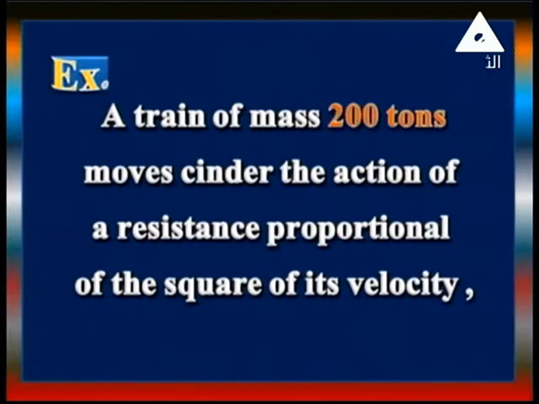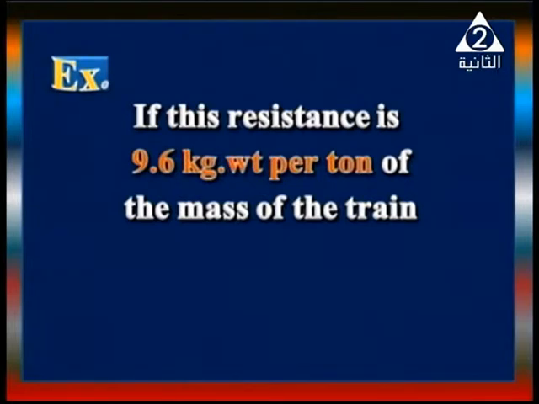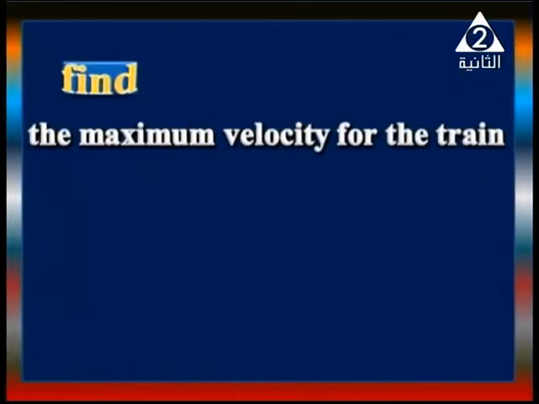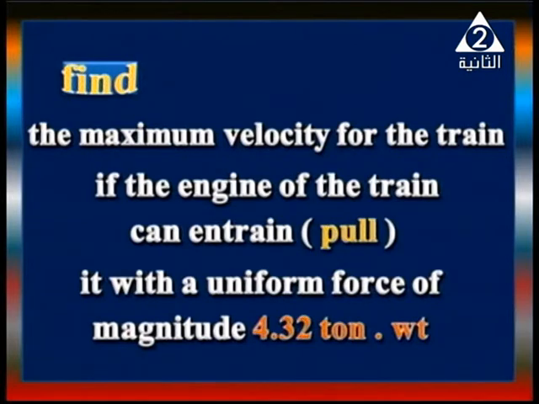If this resistance is 9.6 kilogram weight per ton of the mass of the train when the velocity of the train is 72 kilometer per hour, find the maximum velocity for the train if the engine of the train can propel it with a uniform force of magnitude 4.32 ton weight. Look at the solution.